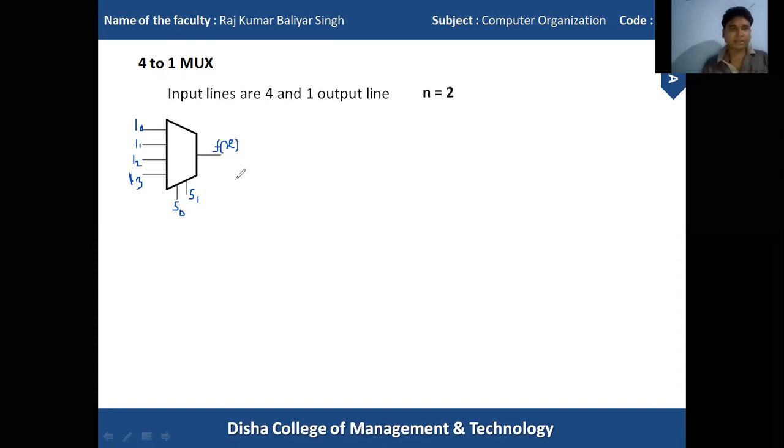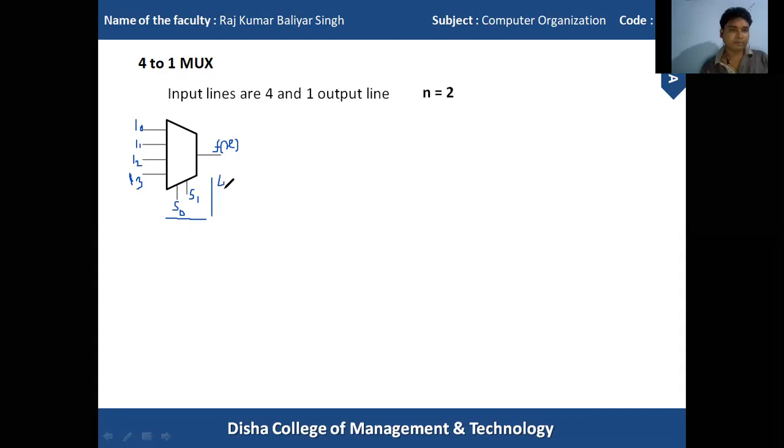Again I want to repeat that the select lines decide which input is available at f of x, or which input should be active at f of x. As there are two select lines, the possible input combinations will be 4.